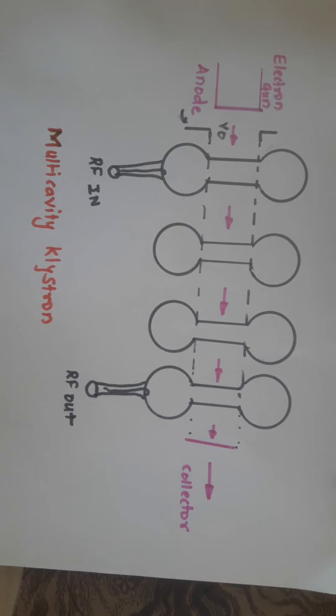Now what we are doing here is increasing the total number of cavities. Here you are observing four cavities. In these four cavities, the first one is the buncher cavity, and the remaining are the neighborhood cavities of the buncher cavity.